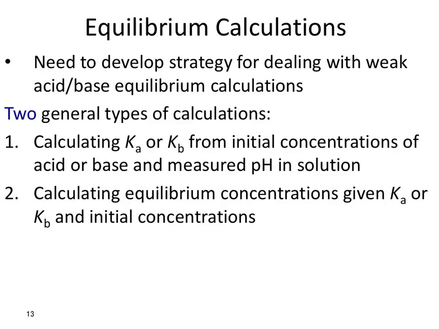And the second is calculating the equilibrium concentrations given Ka or Kb and the initial concentrations. We're really only going to get into the first type today. The second type we'll get into later in the unit. So let's get into it.